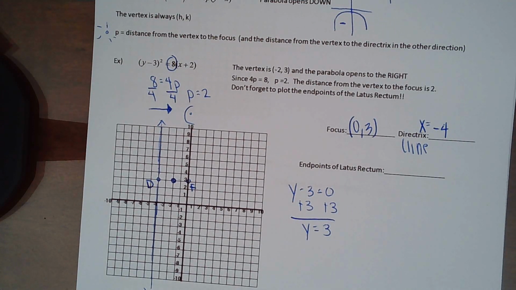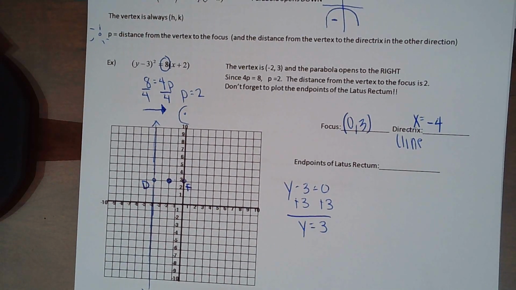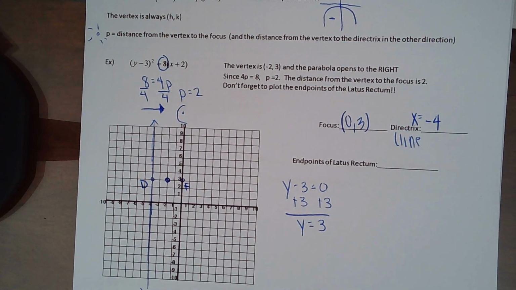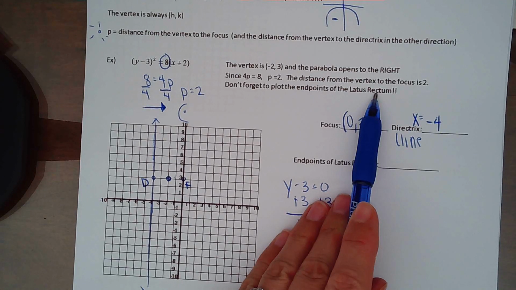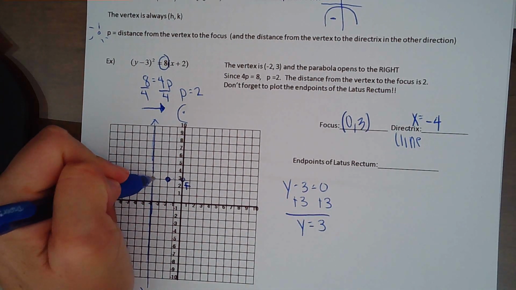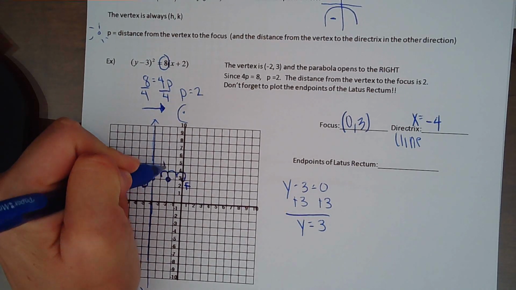Okay. So now what we're going to do is find the endpoints of the latus rectum, which sounds super crazy. So don't forget to plot the endpoints of the latus rectum. So what we do is we go ahead and we count 1, 2, 3, 4.